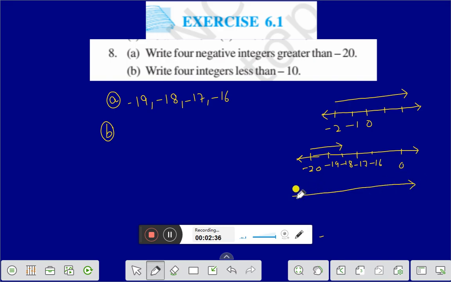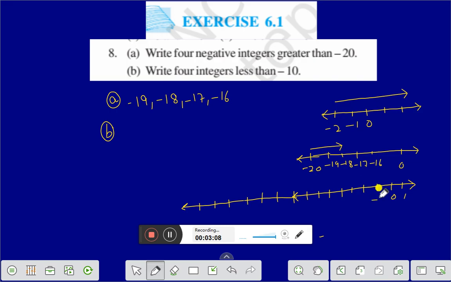If we draw a number line here, it is 0, it is 1, minus 1, minus 2, minus 3, minus 4, minus 5, minus 6, minus 7, minus 8, minus 9, minus 10, minus 11, minus 12, minus 13, minus 14.